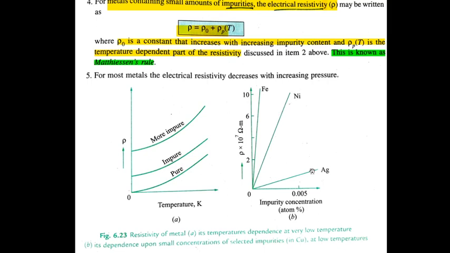So there is nothing like a standard relation between the addition of an impurity and the response of the resistivity with respect to the temperature, because here you can say that in the case of Ag the slope is a little bit less, nickel has a better slope, and iron is stiffer. So addition of an impurity of, let us say, 0.005% in the case of Ag gives very little improvement in rho, but in the case of nickel it is very high, and this is very high. Something like that one can understand.